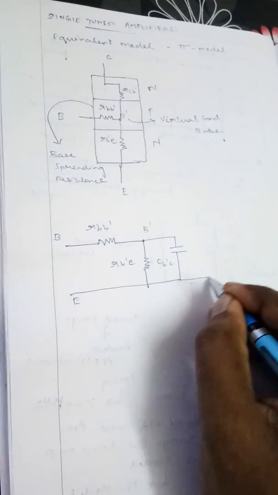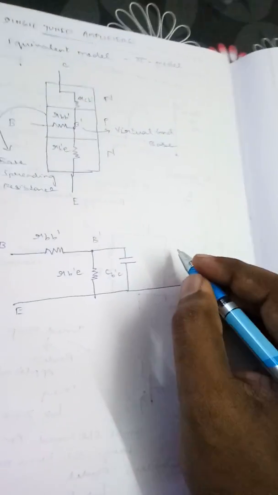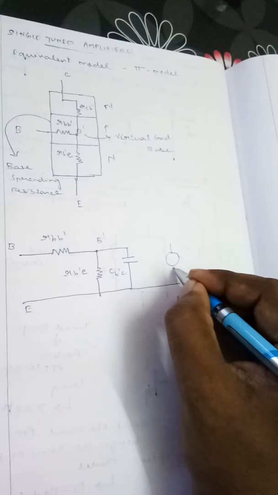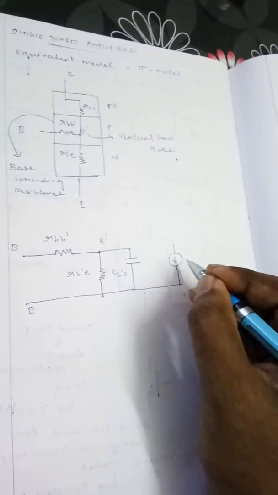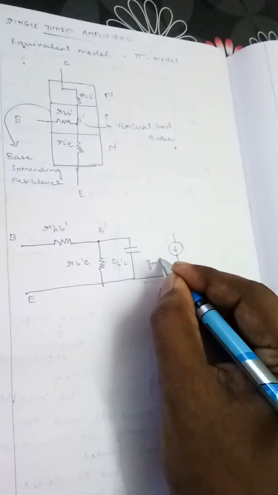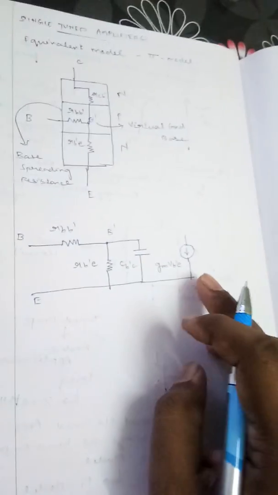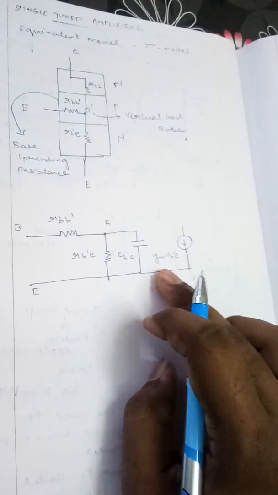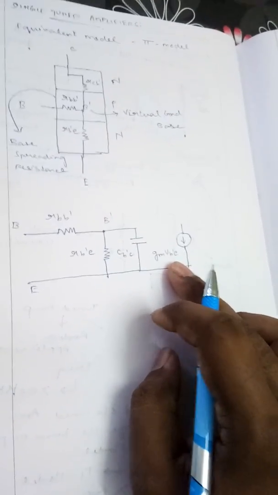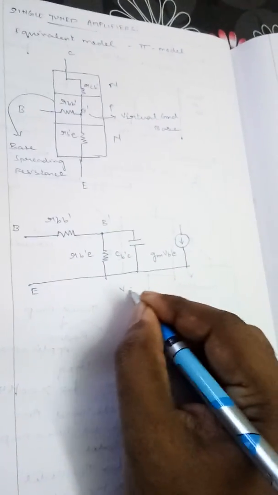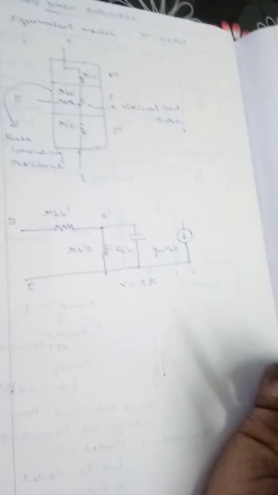And if I consider the output representation, it will be having a current that is taken as gm into VB prime E. The reason why the current is represented as gm into VB prime E is, we know that from Ohm's law V is equal to IR.